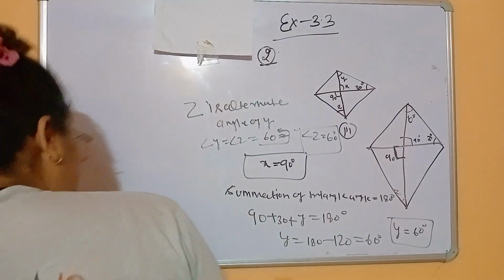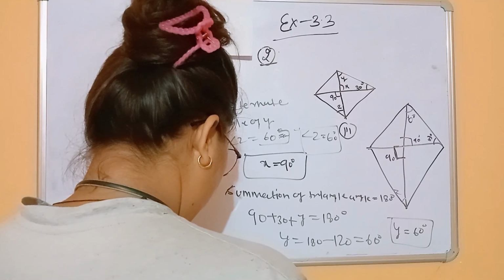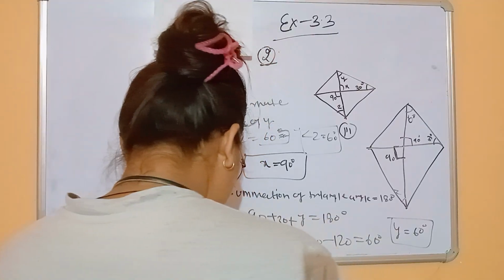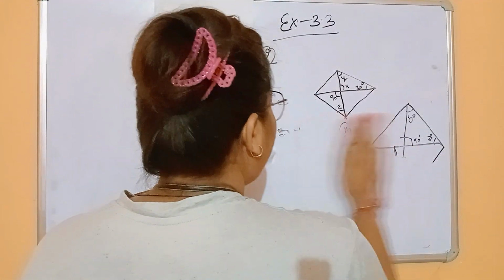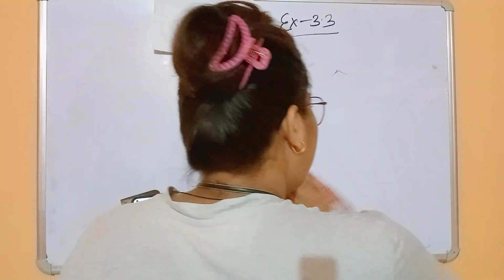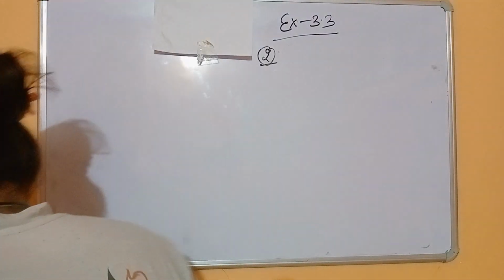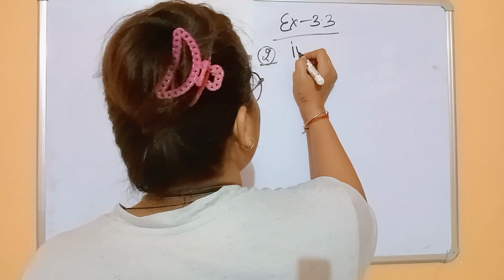So now you understand next question. What say next question? Next question, draw one quadrilateral, then given one angle, find from this angle 2 or 3 angles. Okay. So first draw fourth figure.